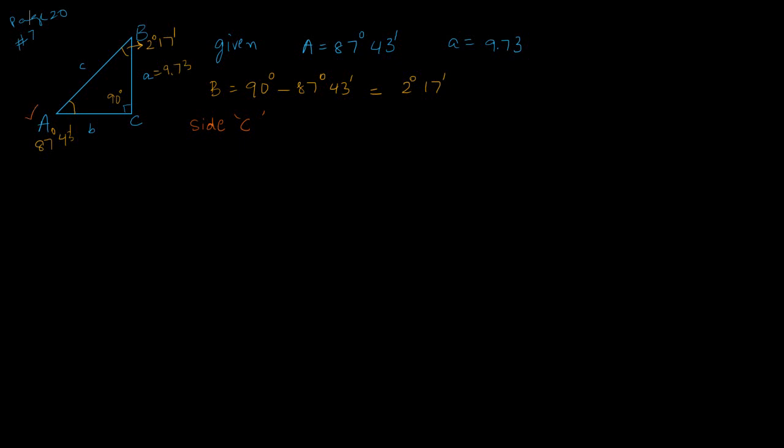We know angle A, we know side A, right? And we also know SOHCAHTOA. So for sine of angle A, we have A over C. Cos A is B over C, and tan A is A over B.